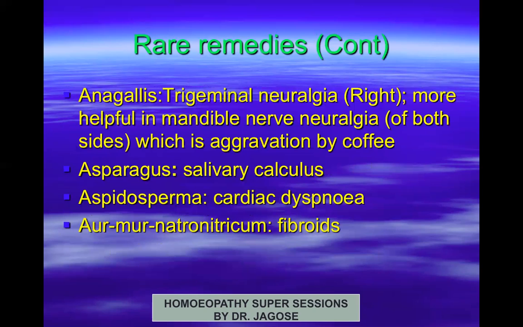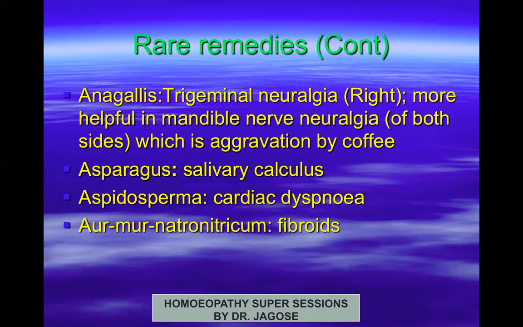For example, Anagallis in right-sided trigeminal neuralgia, more helpful in mandibular nerve neuralgia of both sides, which is aggravated by coffee, or Asparagus for salivary calculi, or Aspidosperma in cardiac dyspnea. Generally, we give this in mother tincture form.